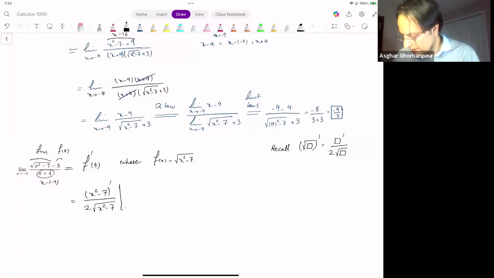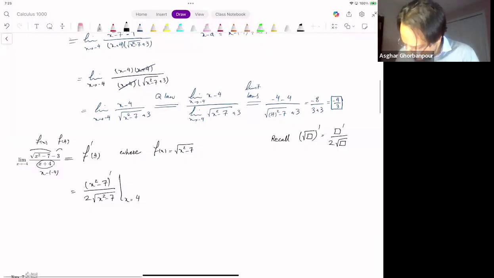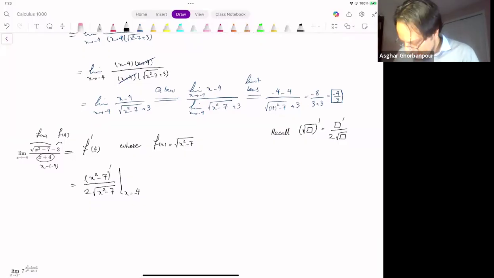Then I have to plug in x equal to negative 4. That is 2x over 2 root of x squared minus 7, with x equal to negative 4.